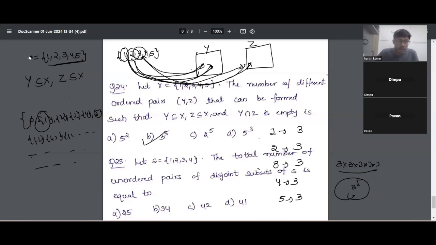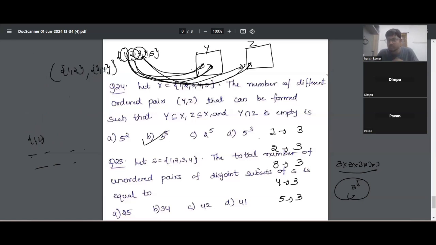Now, this is about ordered pairs. In this case, there will be one case where 1, 2 say that we are going to sit in set Y the first time, and then 3, 4 say that we'll sit in set Z. This is one ordered pair.